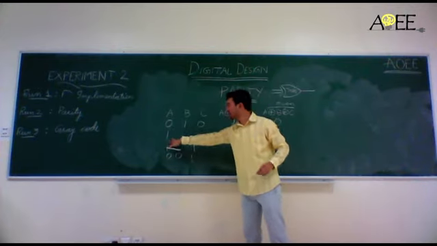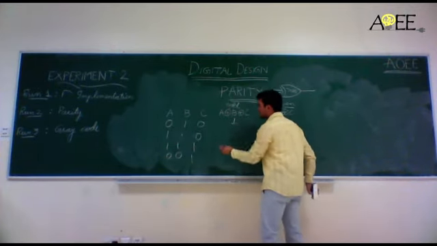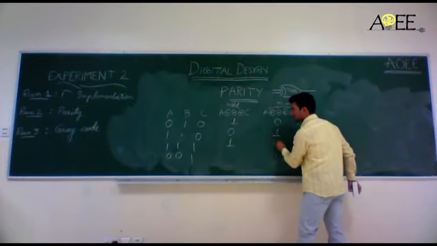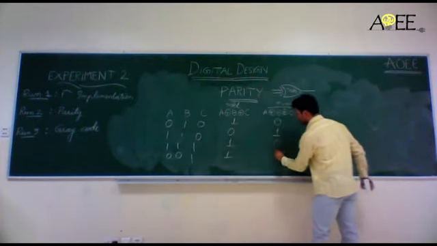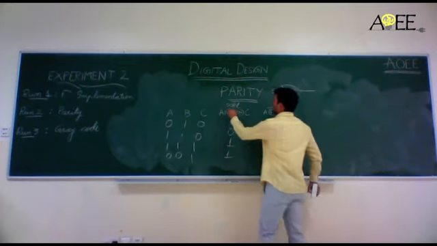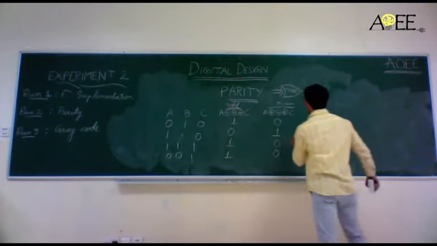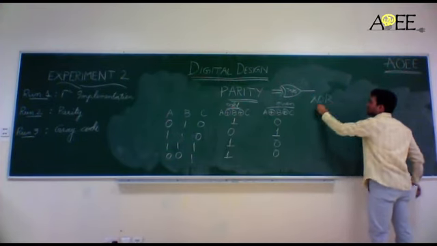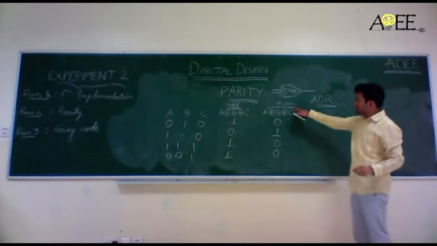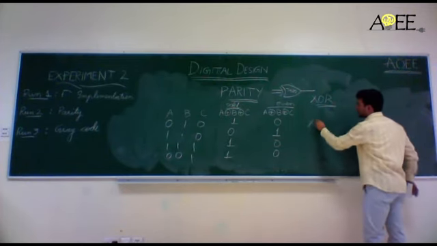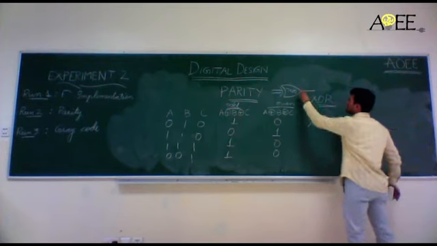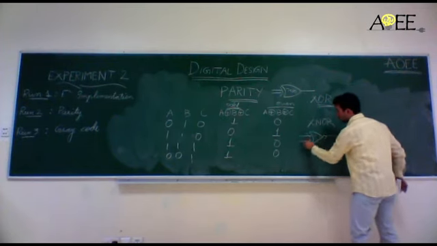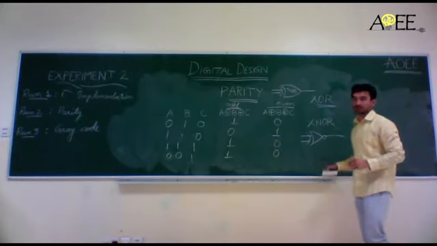Similarly, 2 inputs are high, 2 is even, so this will be 0, this will be 1. Again, this will be 1, this will be 0, this will be 1, this will be 0. Now, the XOR gate, denoted by this, is an odd parity generator, and an XNOR gate, which is a complement of this gate, is an even parity generator in general.